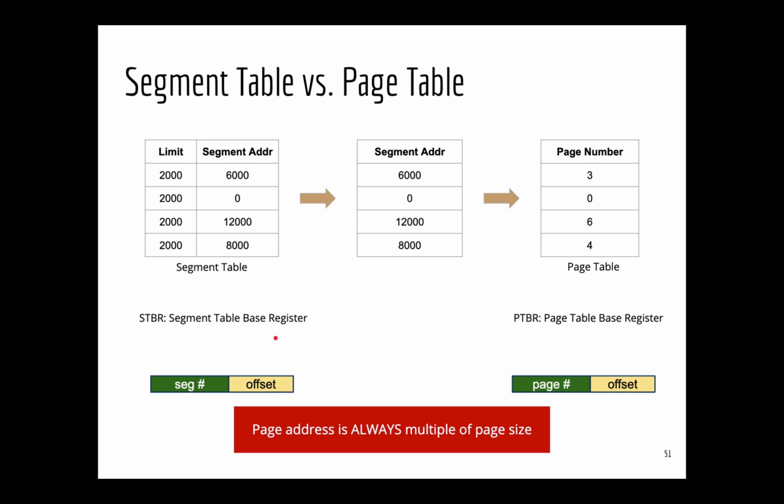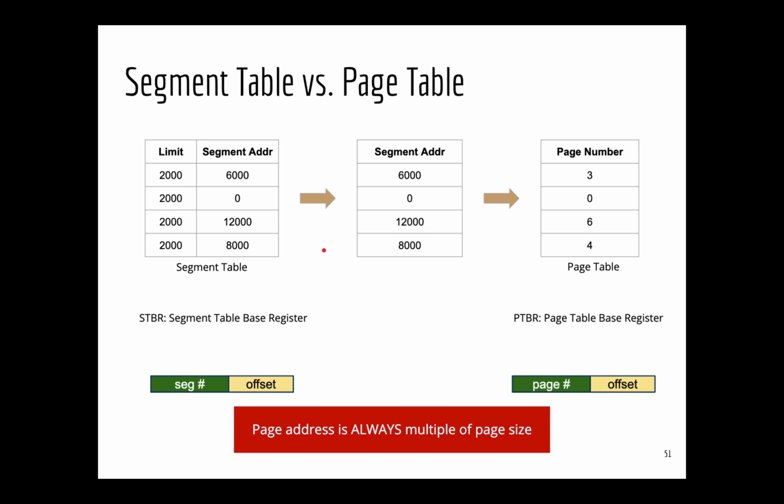The leftmost table shows a hypothetical segment table when uniform segment size is used. The limit column shows all 2000. Therefore, it is useless to store the size in the segment table, and the segment table now stores only the starting address of each segment.